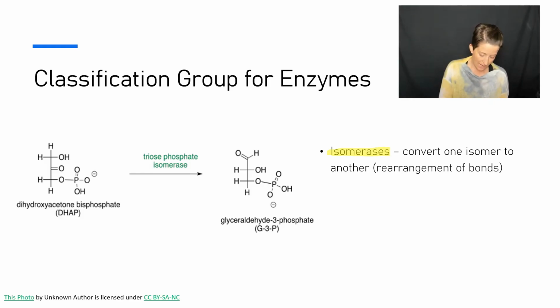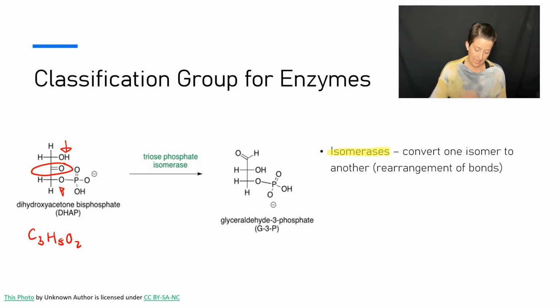Here we have our DHAP. We saw this when we were talking about glycolysis, where fructose 1,6-bisphosphate breaks into the 3-carbon compound. DHAP has the molecular formula C3H5O2. It is a ketone, hence dihydroxyketone.